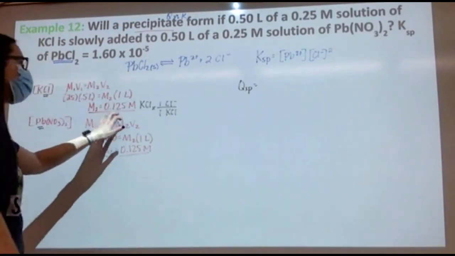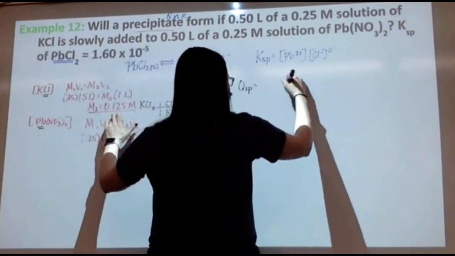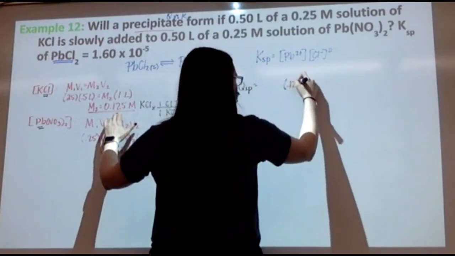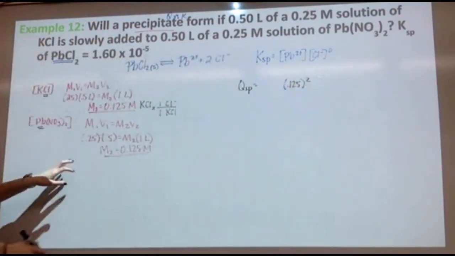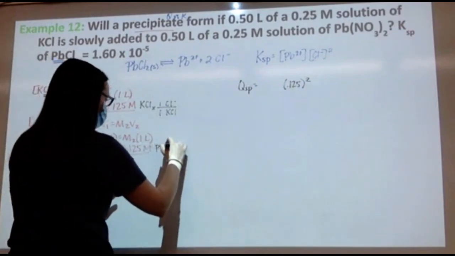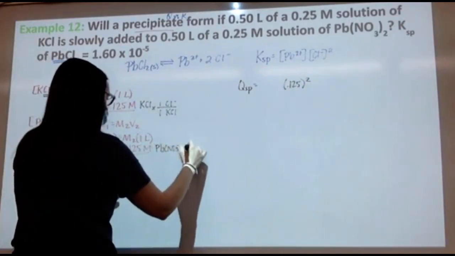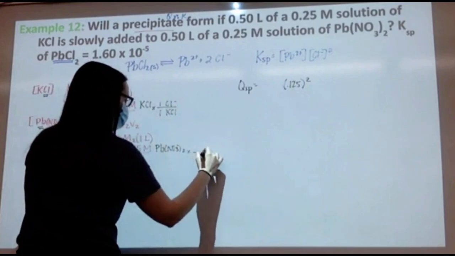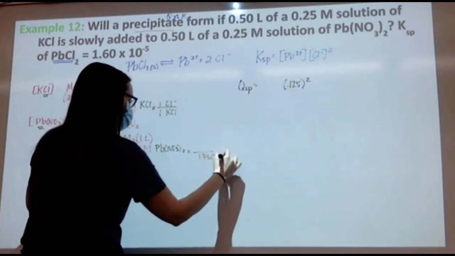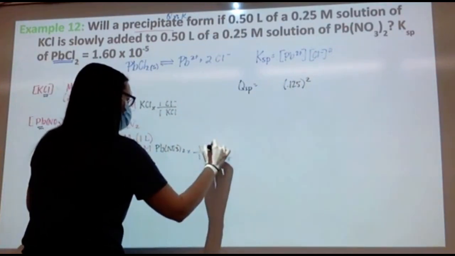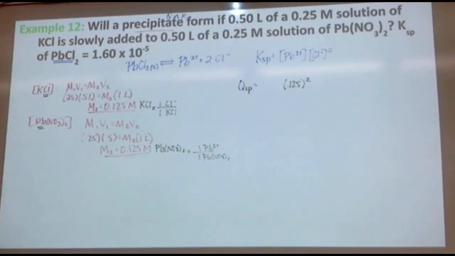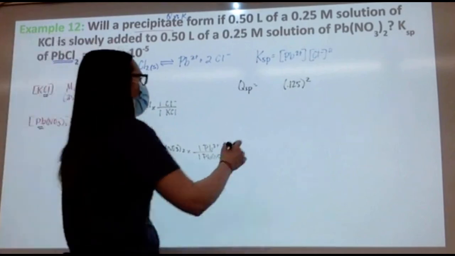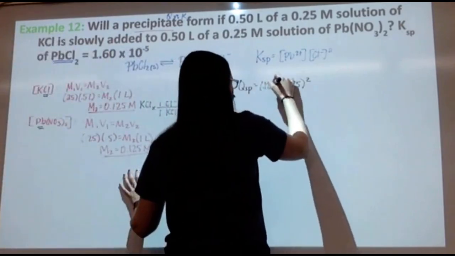So the molarity of Cl- is 0.125 molar. This is the molarity of Pb(NO3)2. Well, for 1 Pb(NO3)2, there's 1 Pb2+. So it's the same concentration of Pb2+, 0.125 molar.